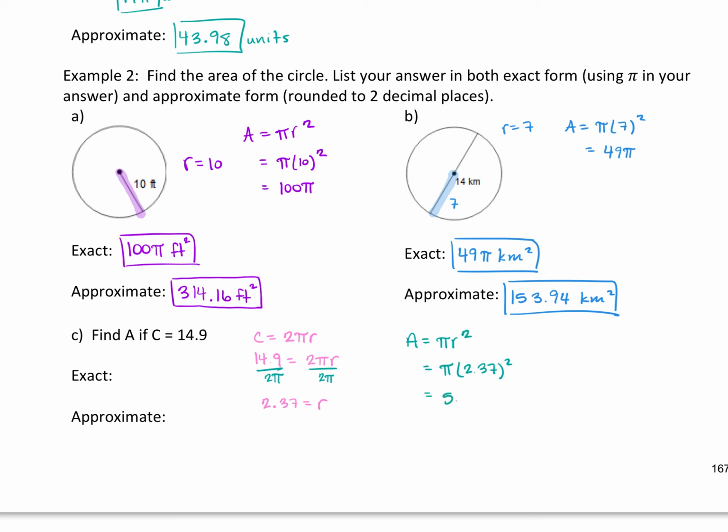So exact is 5.62 pi. And this doesn't give us units, so we would say it's units squared. And then for approximate, go ahead and type 5.62 pi into your calculator, and it gives us 17.66 units squared.